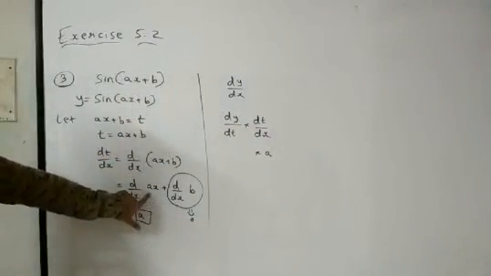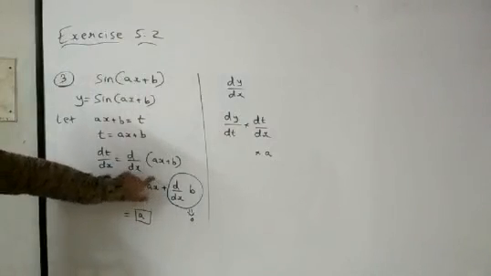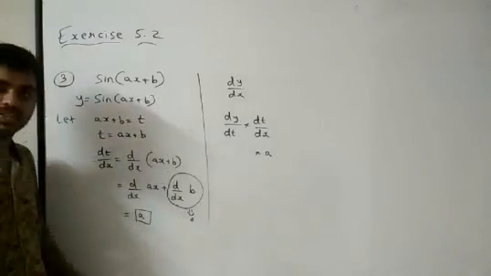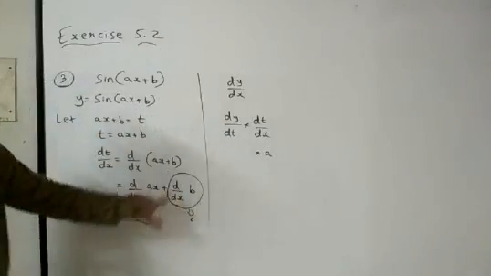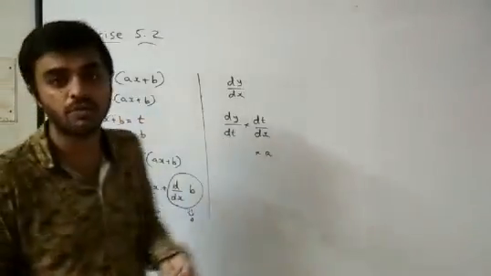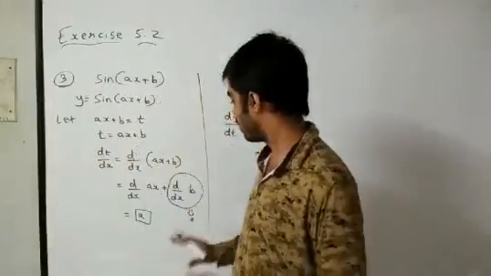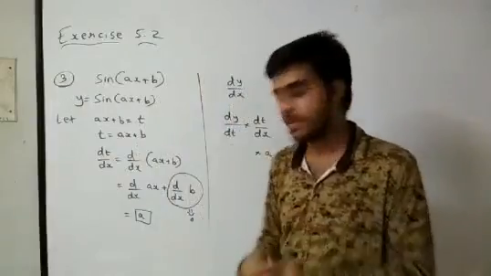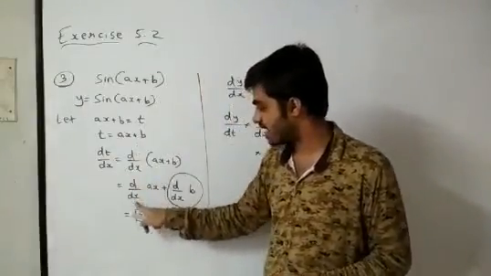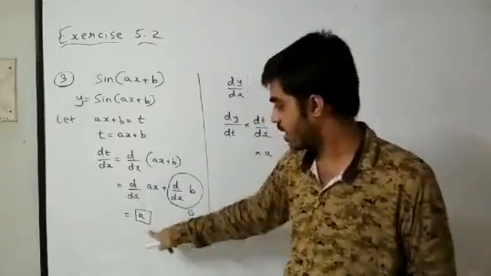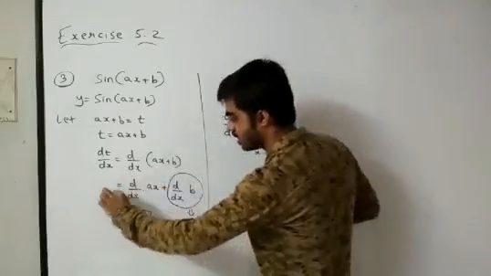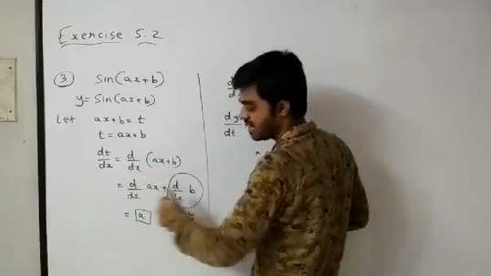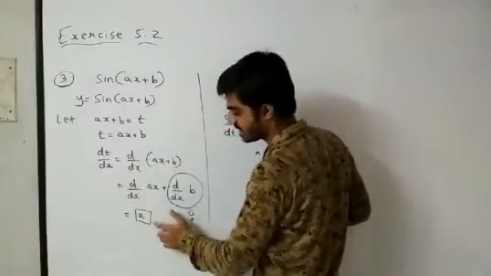Because a is a constant, it comes outside, and dx by dx is 1. And this will be equal to 0 because the derivative of a constant function is always 0. Here b is a constant, so its derivative is 0, and d by dx of ax is equal to a, as we have done with d by dx of kx: k is outside, dx by dx is 1. So here the answer is a.